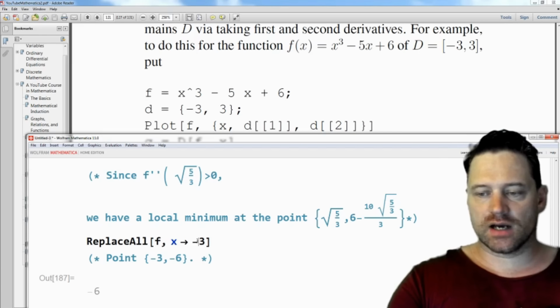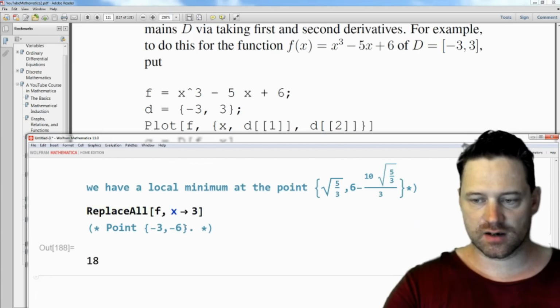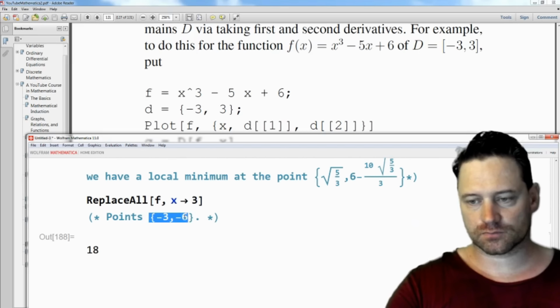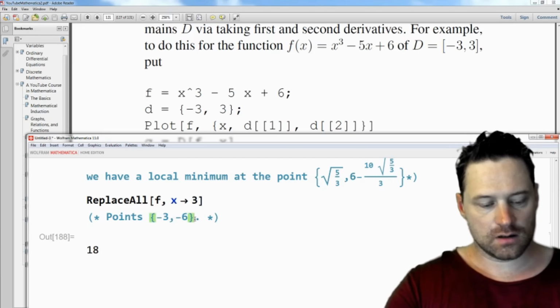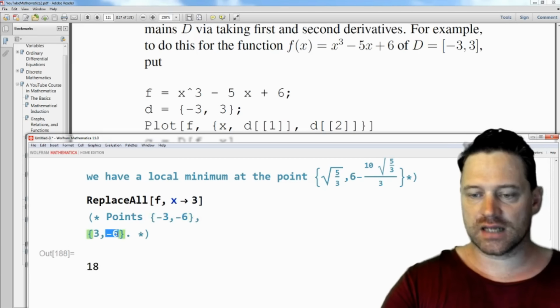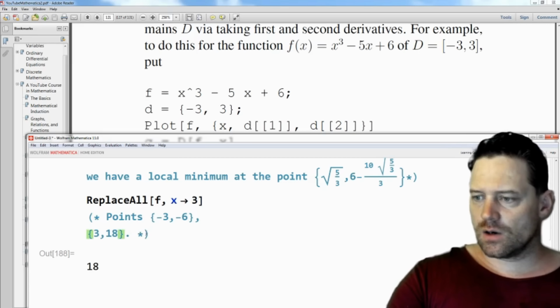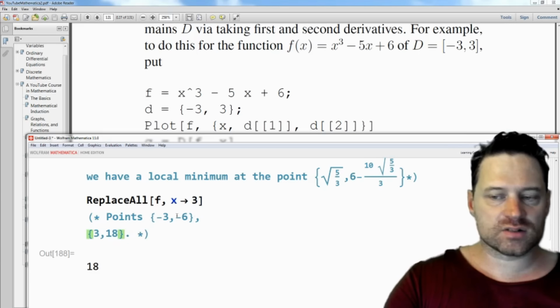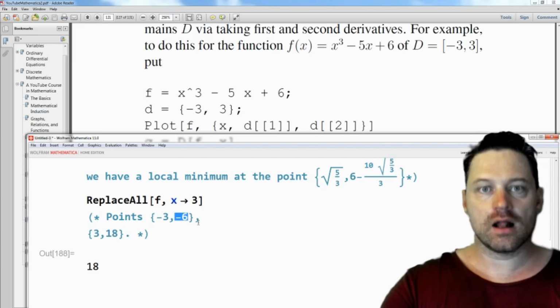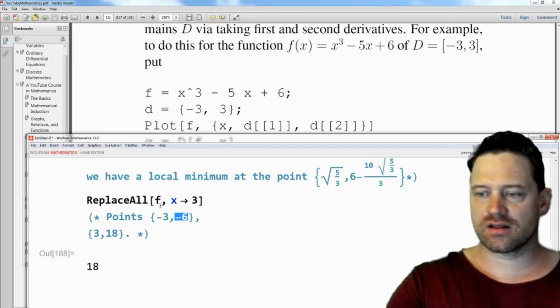And likewise, I want to do that with the other end. So plus. All right, so we have another point. Let's say points plus 3 and then plus 18. Now what we do is we look at this minus 6 and we compare it to our local minima, which, remember, was this.